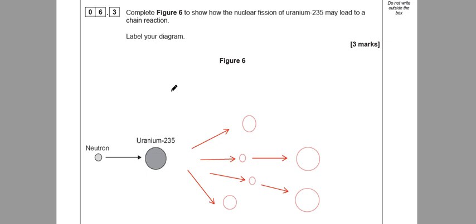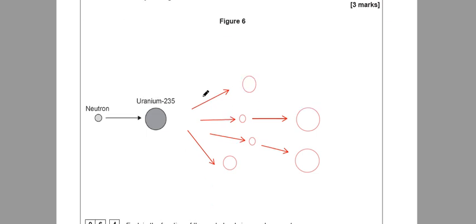Complete the following figure to represent fission of uranium 235, chain reaction. So here is a neutron, here is uranium 235.